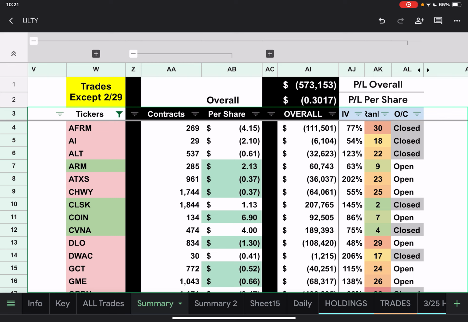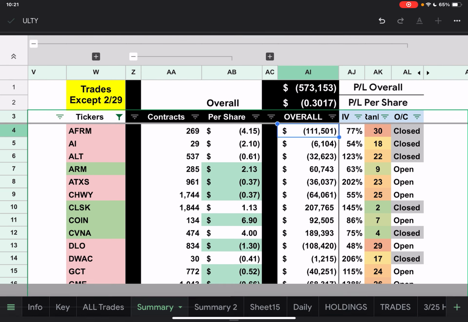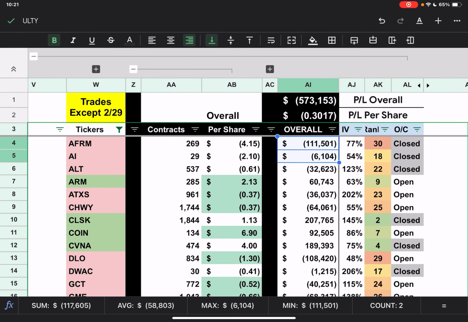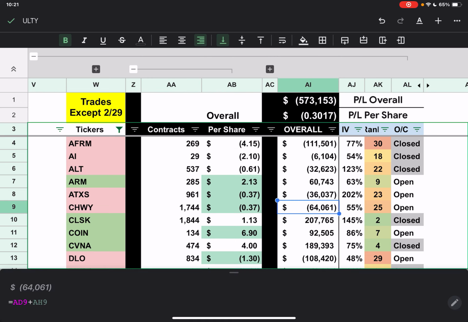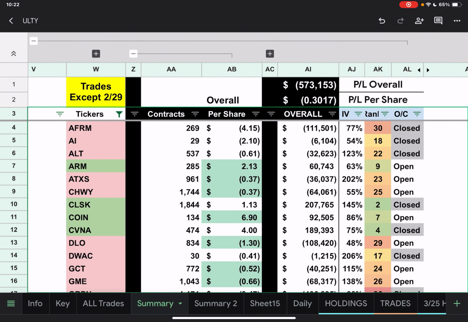Well, if you look here, AFRM lost $111,000 and AI only lost $6,000, so it must have been way better. Well, it's not way better, but it was better. Over here there's a huge difference between these two numbers, but when you look at it per share, it's half. So I just tried to make it more comparable to others.